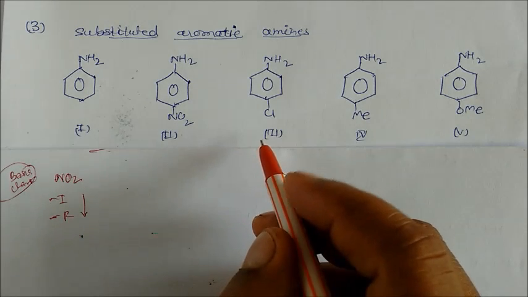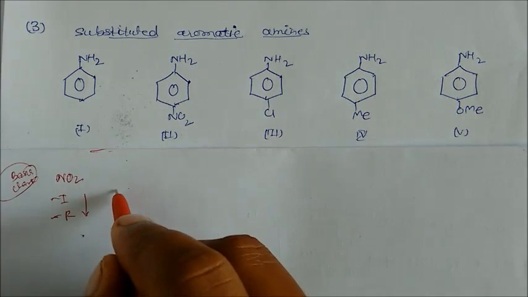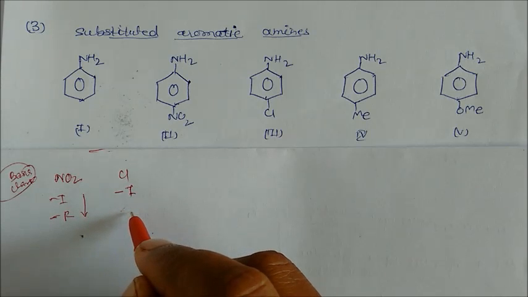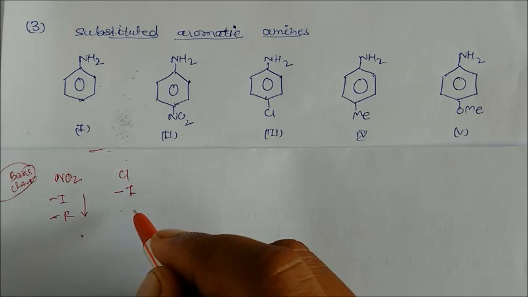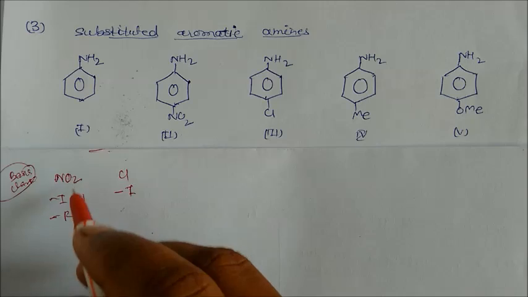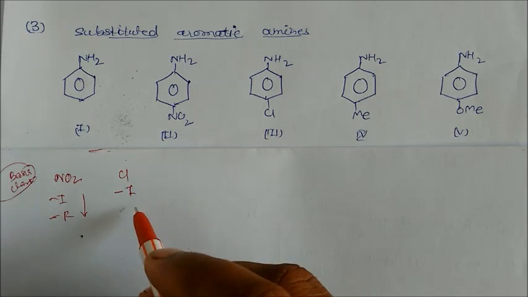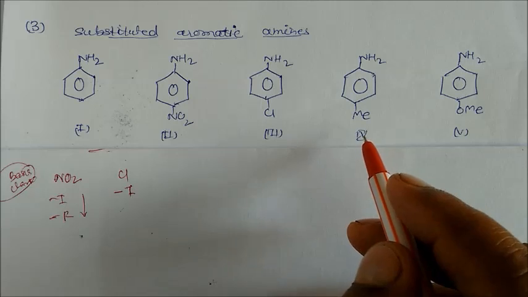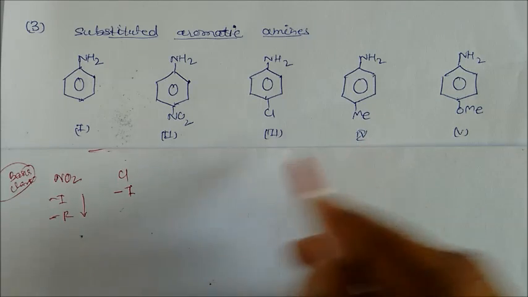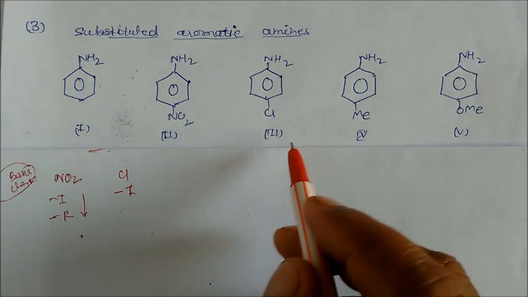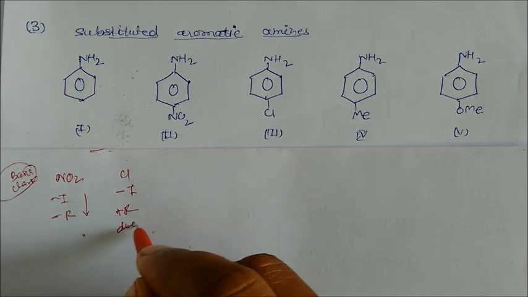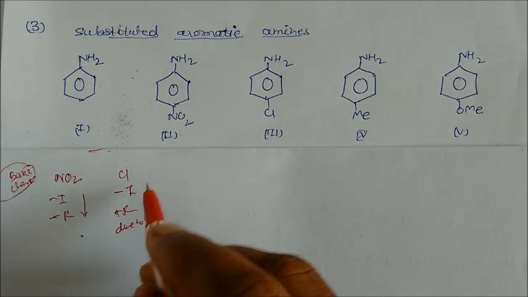In the case of Cl, we have minus I, then we have plus R due to a lone pair. Then you take Me.